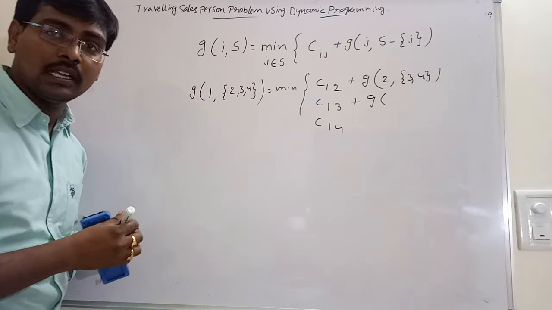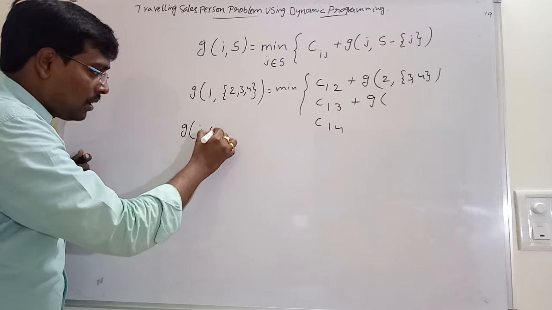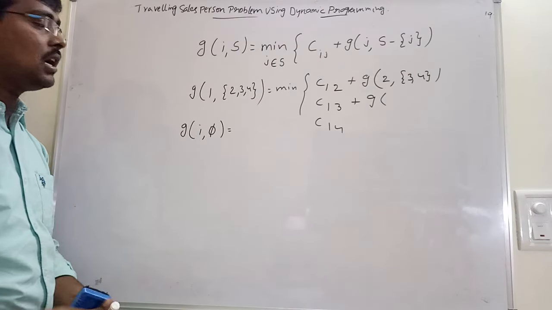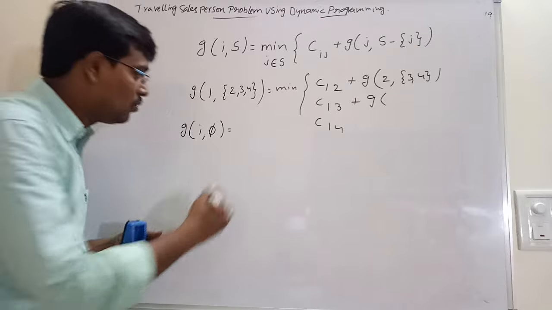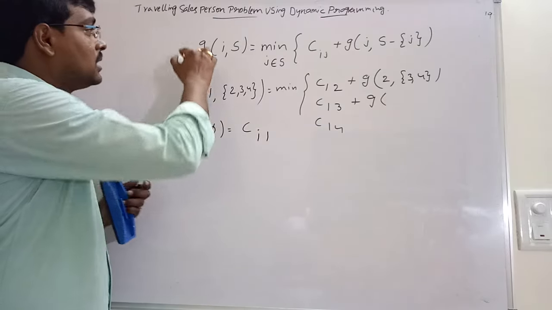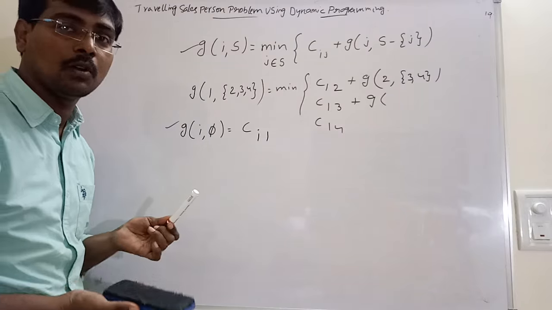This is the way we calculate. Initially, g(i, empty set), where the set contains no element, is simply Ci1. Based on these two formulas, we calculate the traveling salesperson problem.